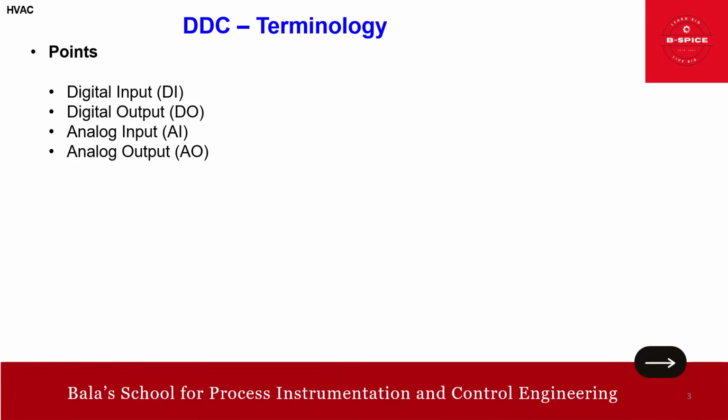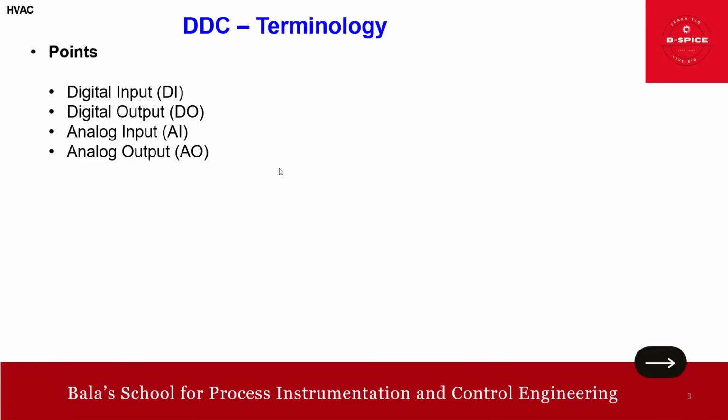As we know, a digital input is a status which is either on or off, right? For example, in the case of an air handler, an airflow switch provides a status of on or off. Other examples of digital input include two position, binary, discrete, or logical signals, basically flow switches and static pressure switches.